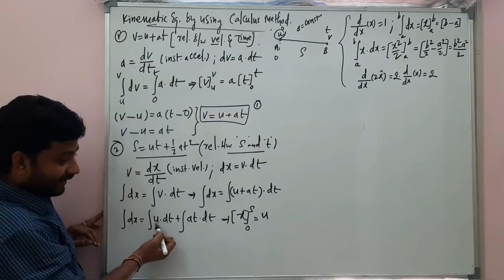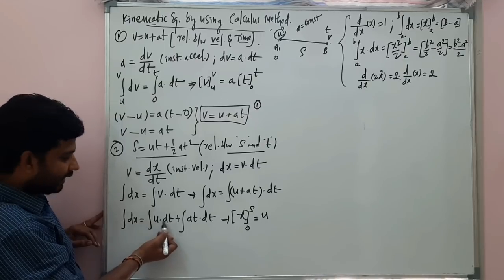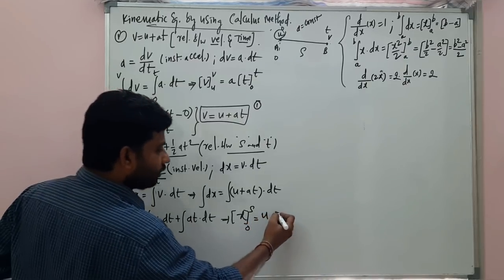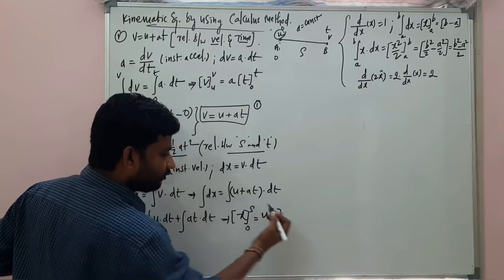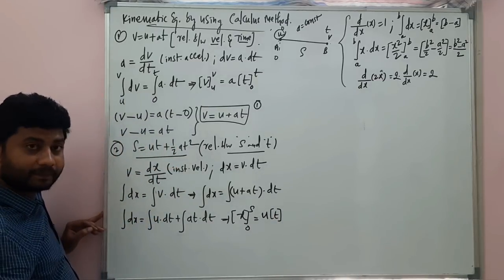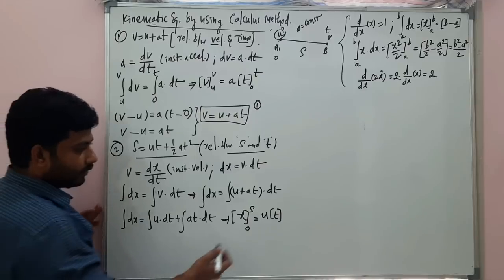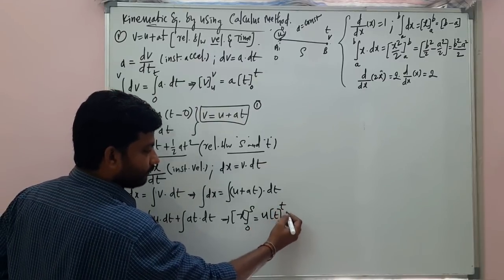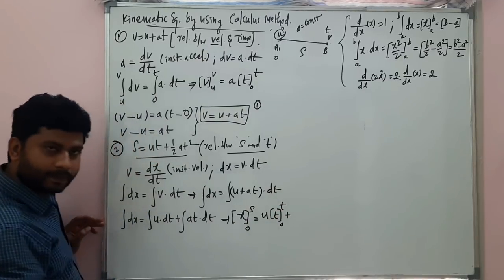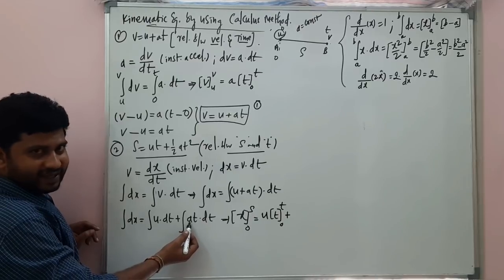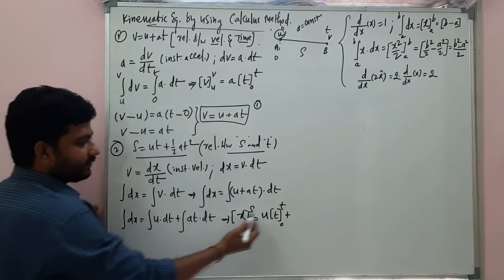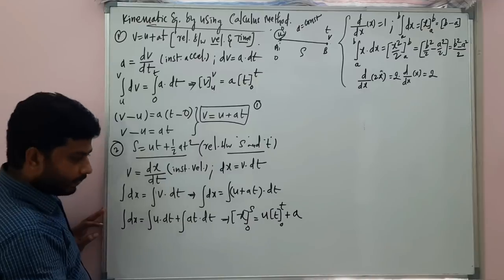Look at here, integral dt is what? t. And the limits for the time, we know. What is the limit for the time? 0 to t. Plus a, anyway a is constant, right? a is constant, outside.